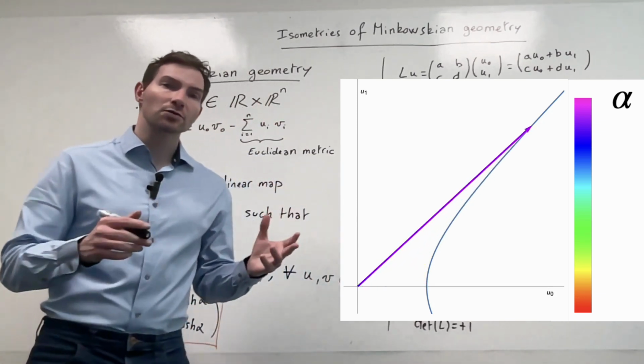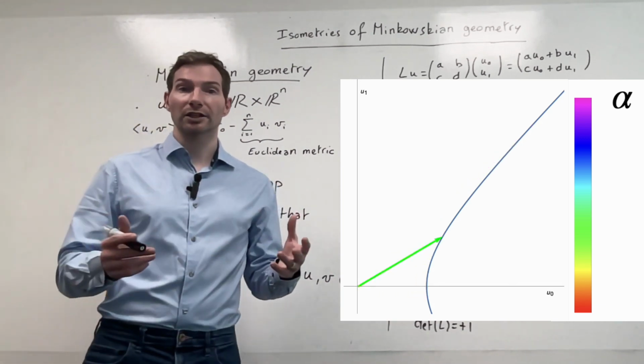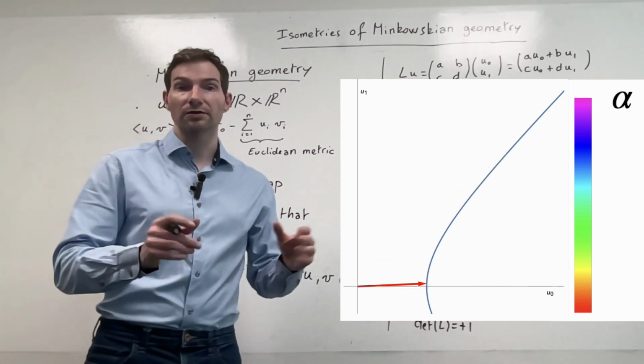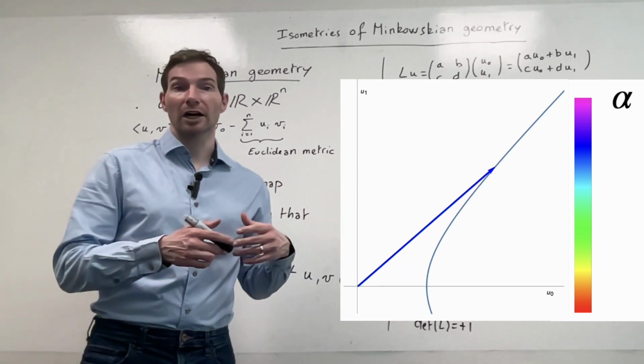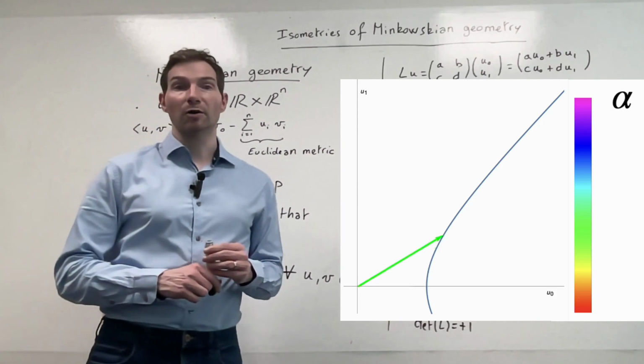That's why the Minkowskian geometry is said to be hyperbolic: the transformations that preserve the inner product turn out to be branches of hyperbolas. And so it's a hyperbolic geometry.